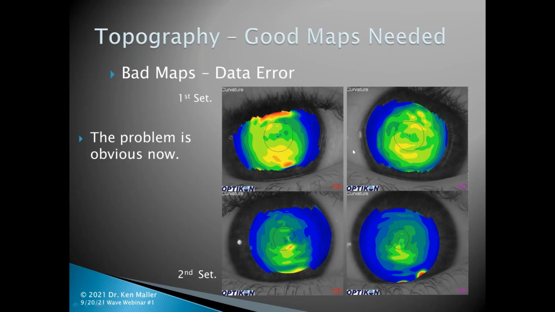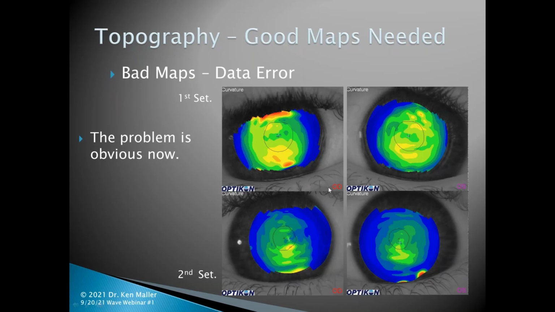And as a result, we can see just by these colors that we probably have about 3 diopters or so more steepness to this first set than we do on the second set. Furthermore, this inferior steepening looks a little more dramatic on the second set than it did on the first set. I don't know that anyone would have actually picked up on that over here. This one possibly. But here we have a little bit more inferior steepening.